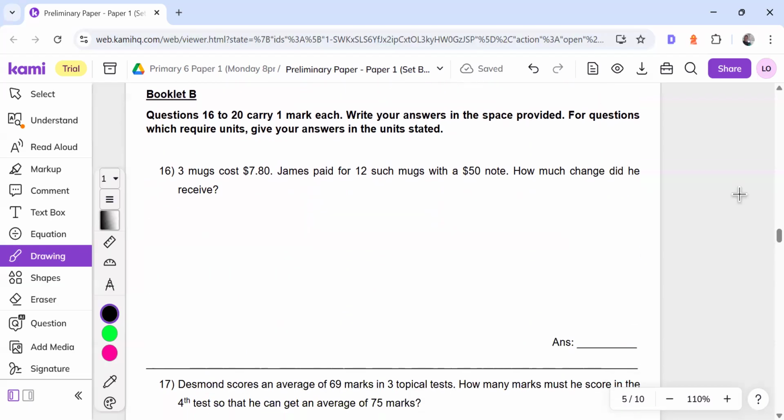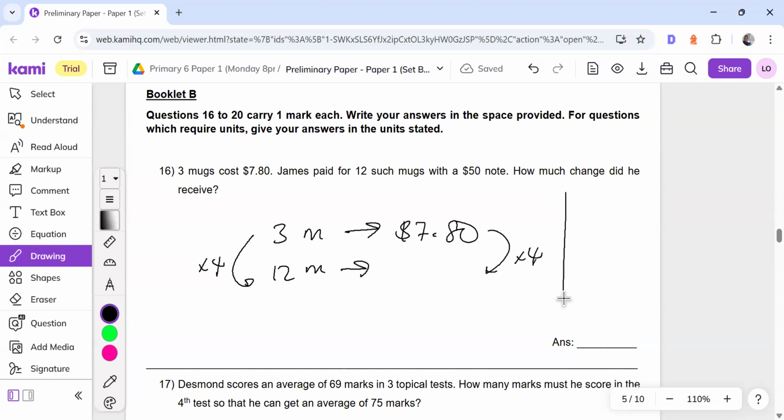Okay, question 16. So we come to the open-ended problem. Now, shortcut: 3 marks cost $7.80. Did anybody go and find 1 mark? No need, because remember, you need to do fast. 3 times 4 is 12. If you go and find 1 mark, you have one extra step.